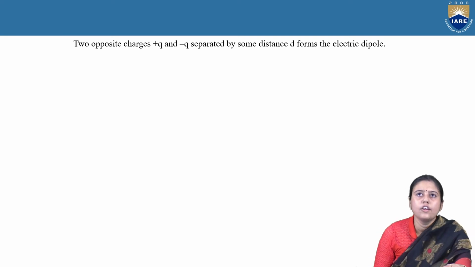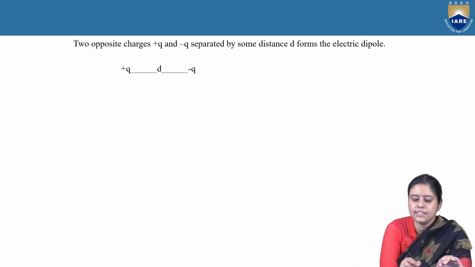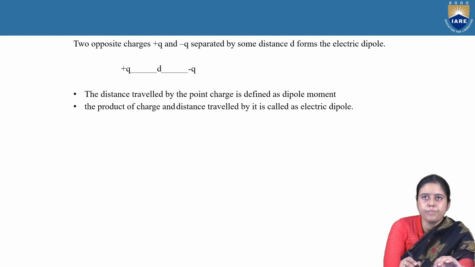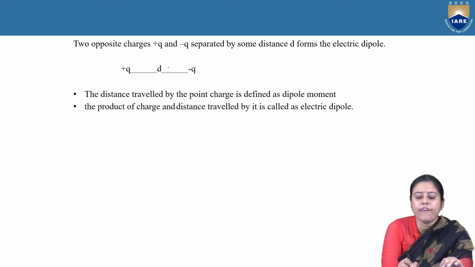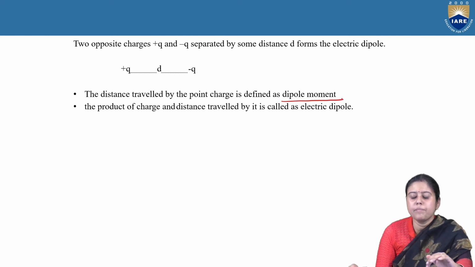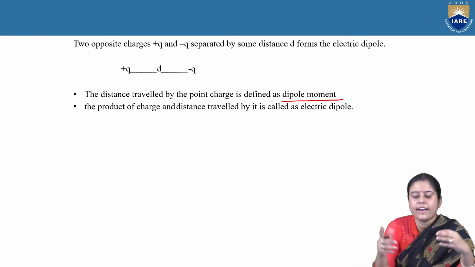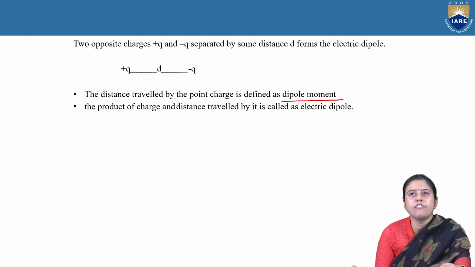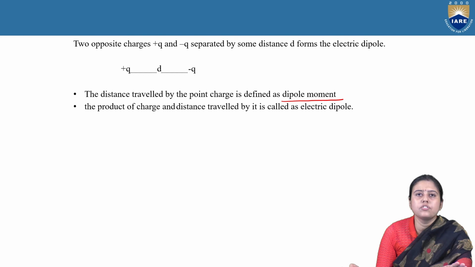So we can write, two opposite charges plus Q and minus Q have been separated by the distance D. The distance travelled by the point charge while they are attracting each other is defined as the dipole moment.